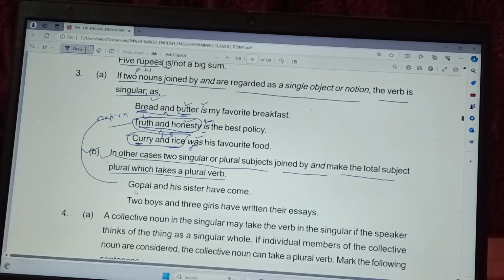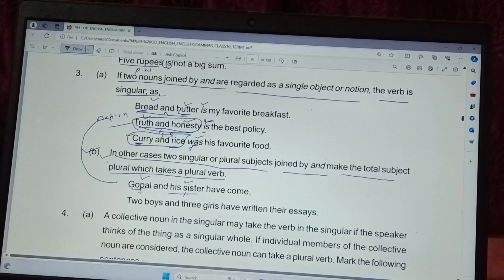Look at the example, guys. Gopal and his sister have come. Look at Gopal and his sister. Here, Gopal is a noun and his sister is also a noun. Gopal is a subject and his sister is also a subject. But in the particular sense, Gopal is considered in a different way and his sister is considered as another object.